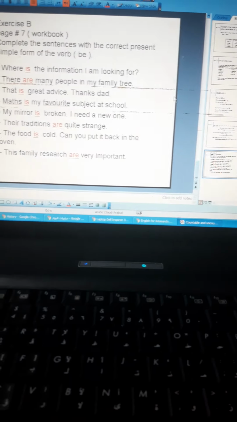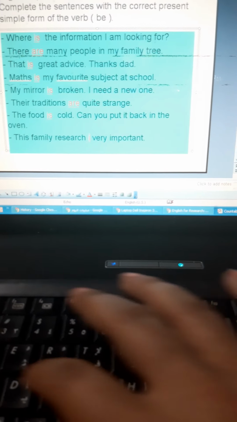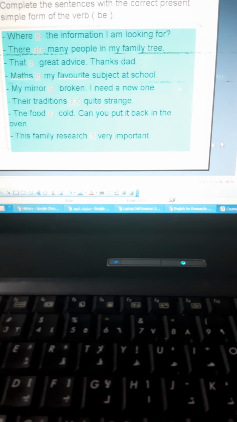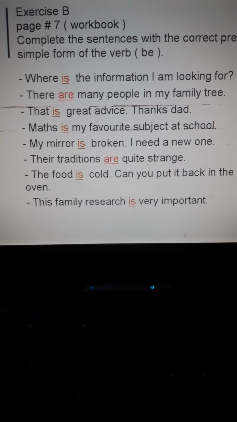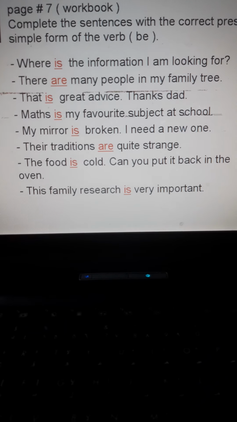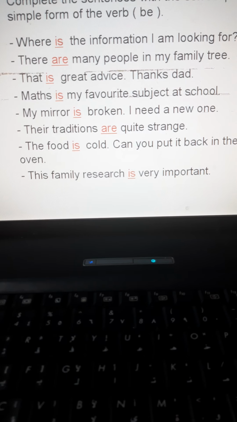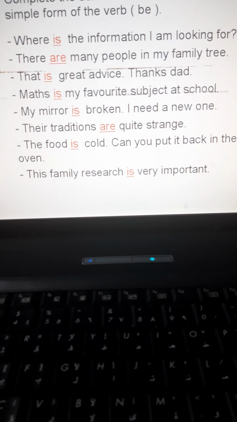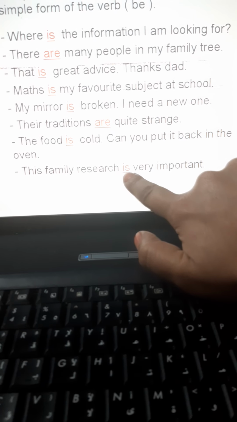Here we have is instead of are, because this family research here. This family research is very important. Research is a countable noun. Okay? So we can say researches. Here is research. It is singular. That's why we used is.